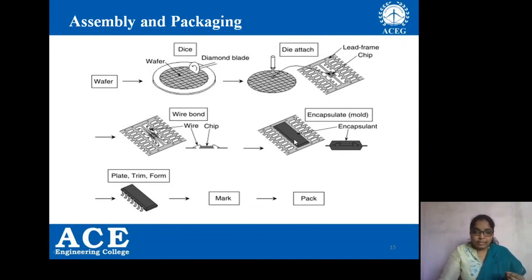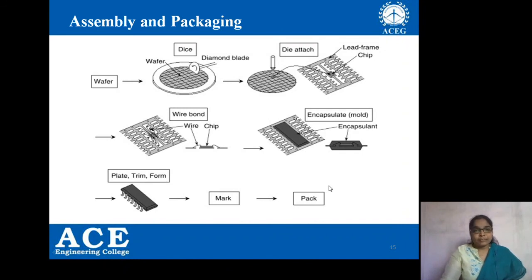After encapsulating, the leads will be plated, trimmed and formed in a particular shape, and upon this plastic casing, the IC number will be marked, and after that it will go for packaging.